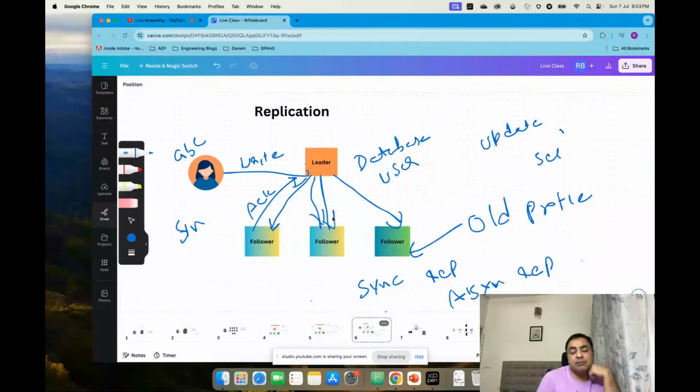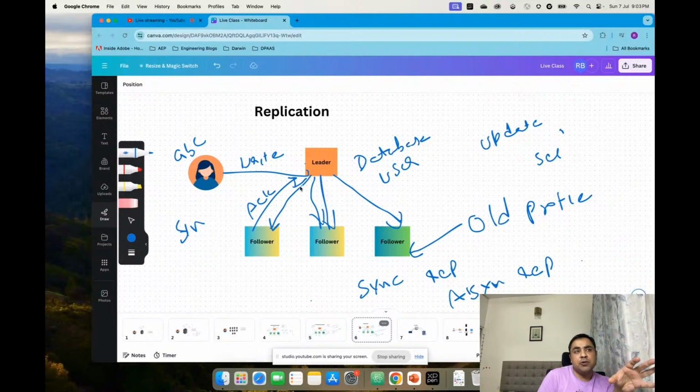In sync replication, it is making sure that you are getting the updated copy. In your scenario, if the user has updated the profile and replication is done, only then will you be able to see the new profile.